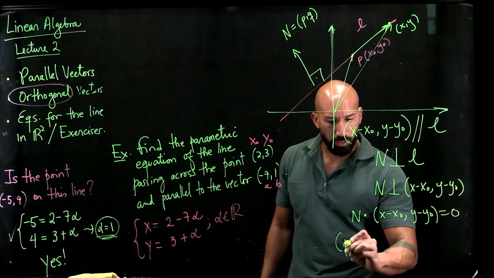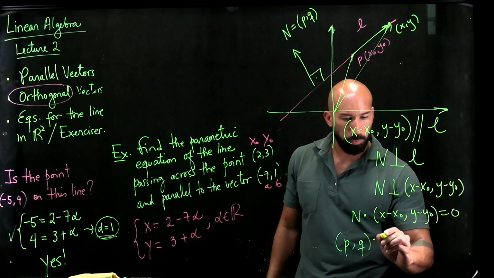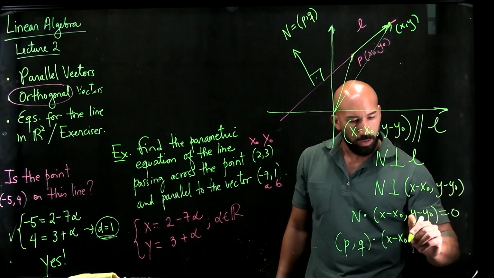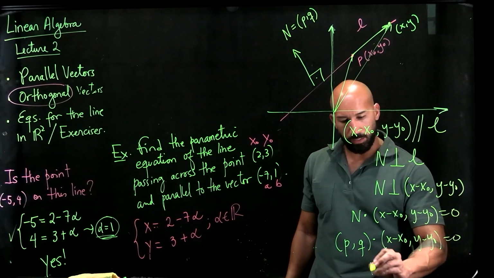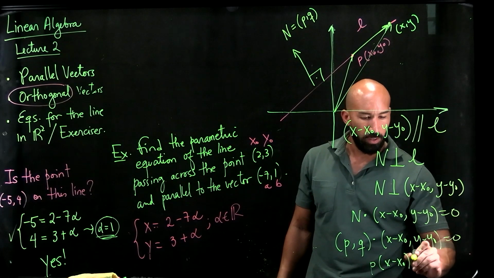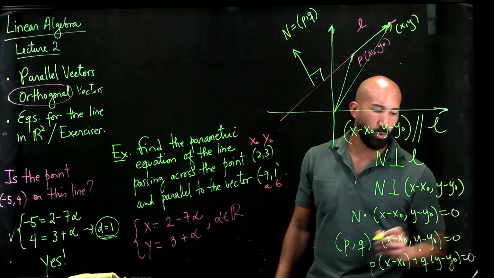Well, this is giving us that p, q dot product x minus x0, y minus y0 is equal to 0. And this is p times x minus x0 plus q times y minus y0 equal to 0.